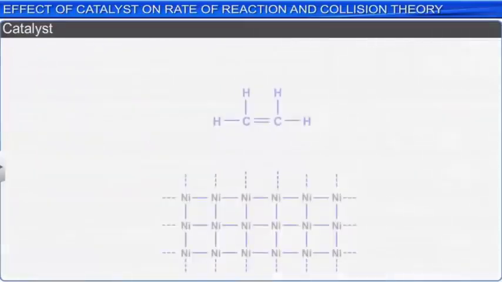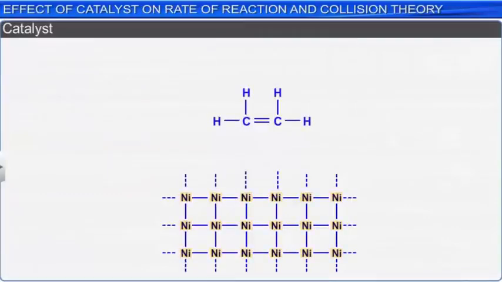Let us see how nickel acts as a catalyst in this reaction. Molecules of hydrogen first get absorbed on the surface of nickel by partial chemical bonds. The greater the surface area of the catalyst, the greater is the rate of the reaction. As a result, the bond between two hydrogen atoms of a hydrogen molecule gets weakened and breaks to form hydrogen atoms.